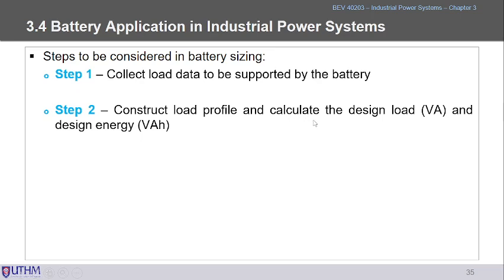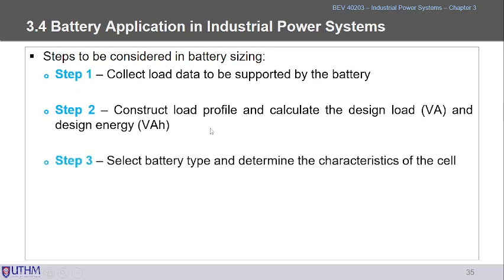And from there we can simply calculate the design load in VA and the design energy. Energy is always dealing with hours, dealing with time, as compared to the load here. So the load is always defined as VA or sometimes kVA, but the design energy is VAH or kVAH.